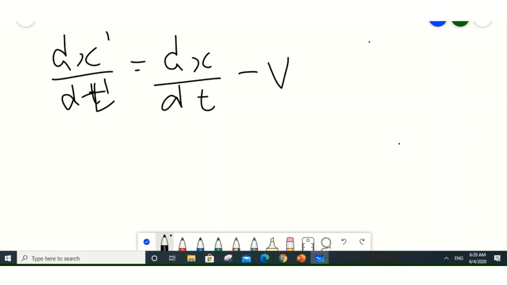We can write d by dt dash is equal to d by dt, because t dash is equal to t.